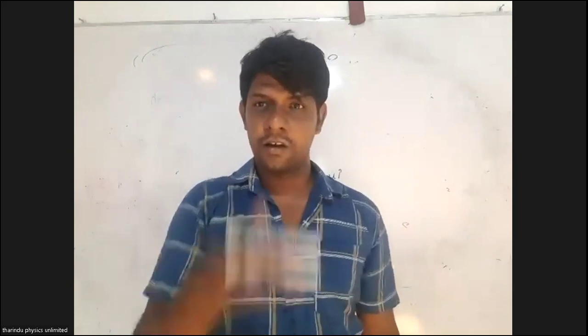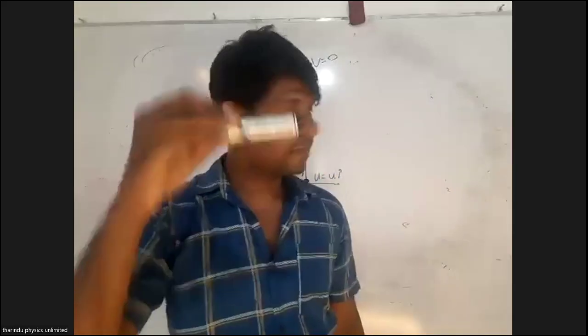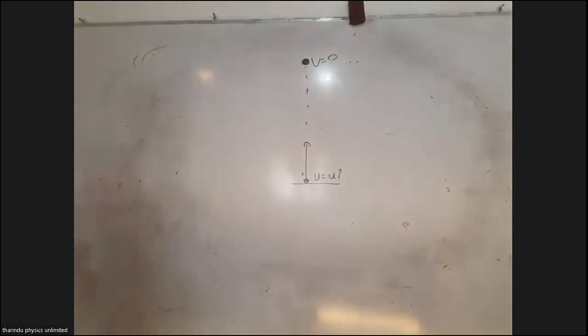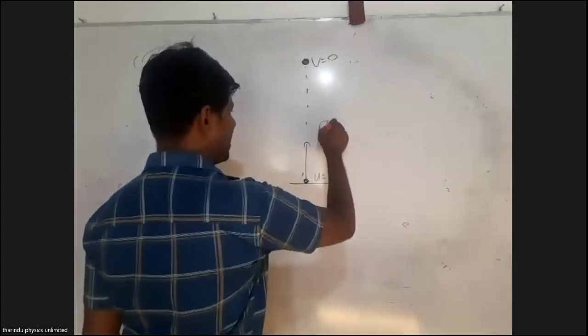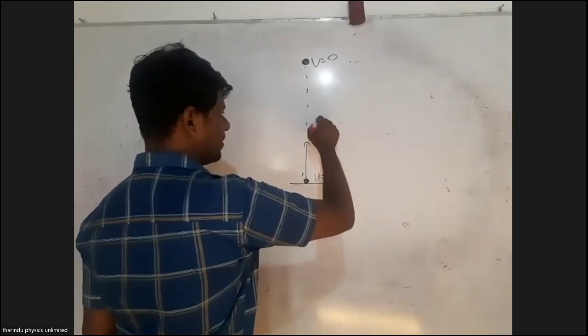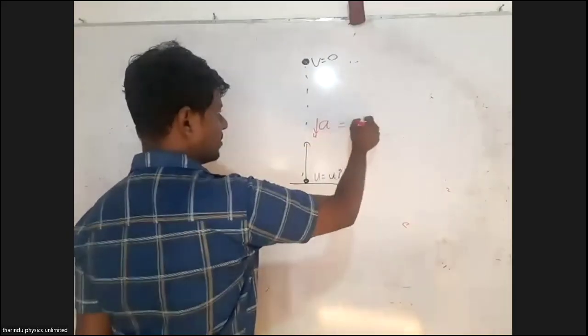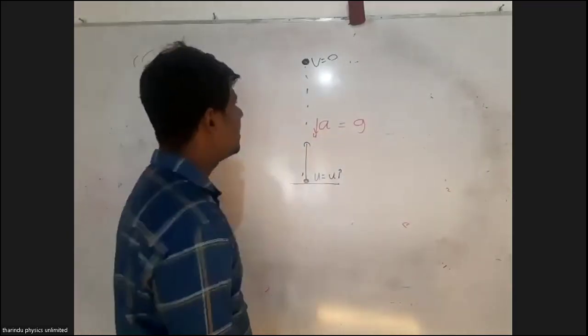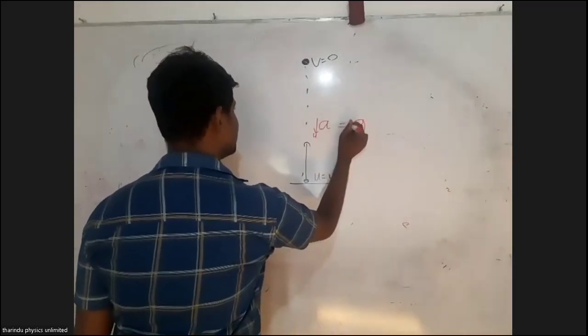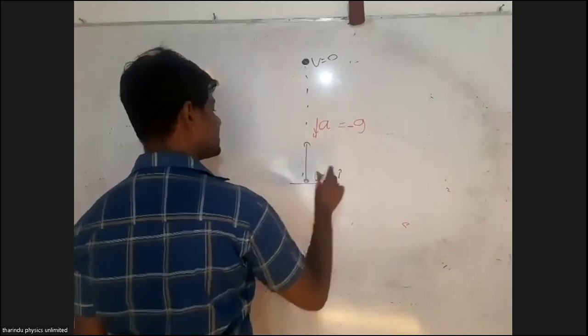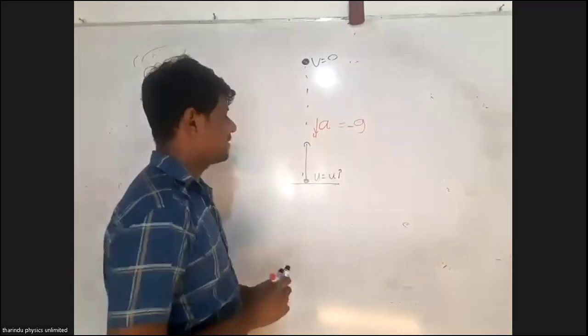See, at the top the velocity will be 0, and the acceleration is there, which is downward. So acceleration is g, but it acts as if a negative g because the initial motion is upward. The initial vector is upward.